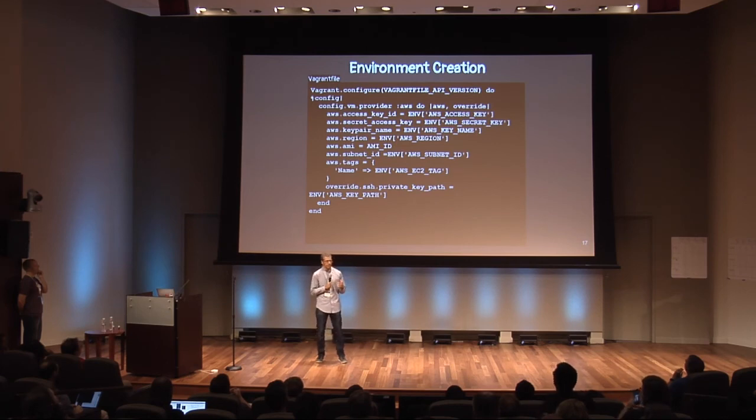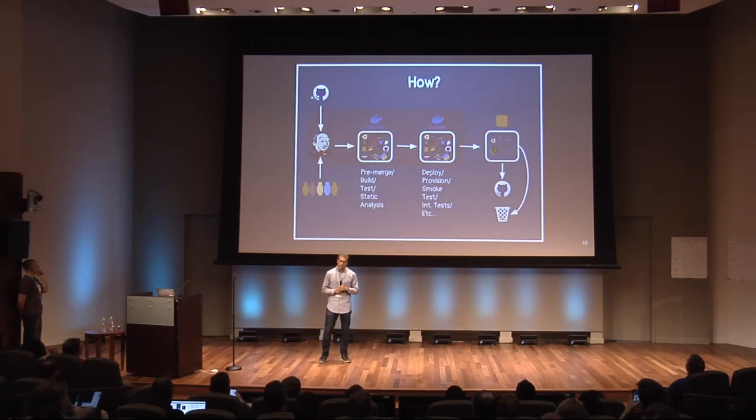And given Vagrant's ability to manage many different types of machines, along with a standard syntax that we were all familiar with in the Vagrant AWS plugin, launching an integration environment was as simple as running vagrant up. So now we have a fully tangible environment created on demand that everyone can interact with, including your CI.